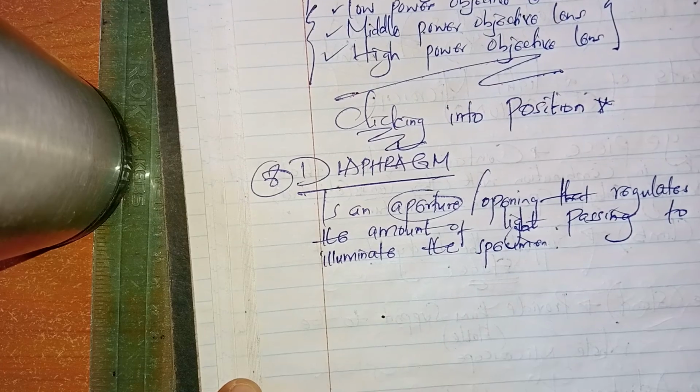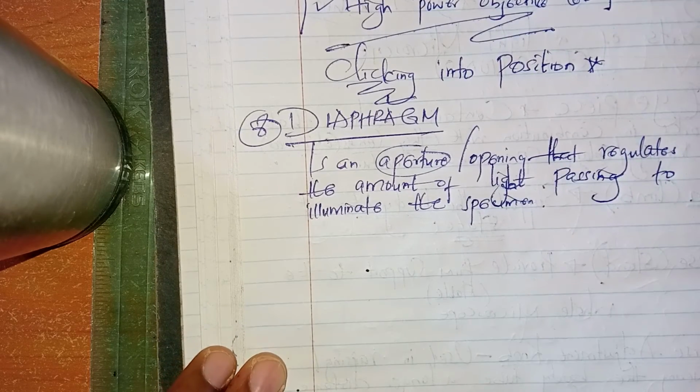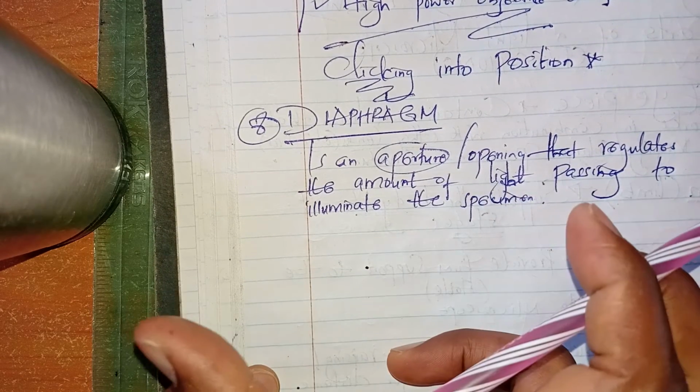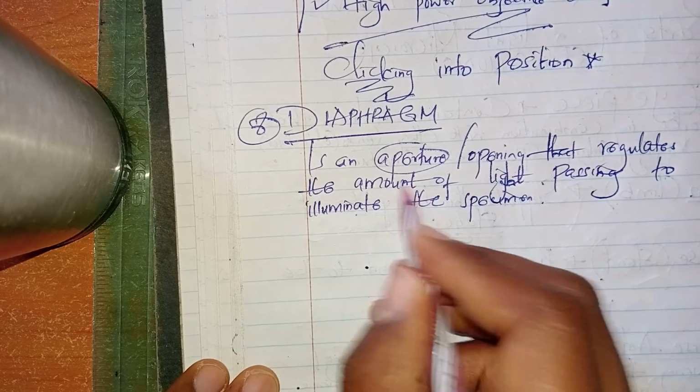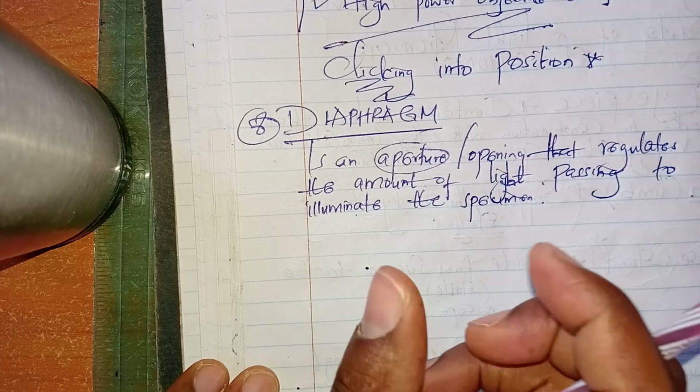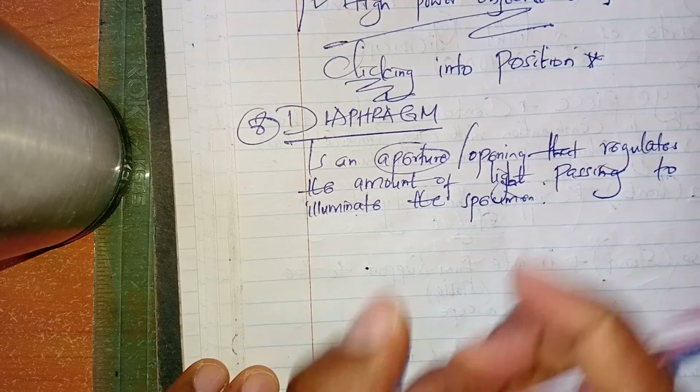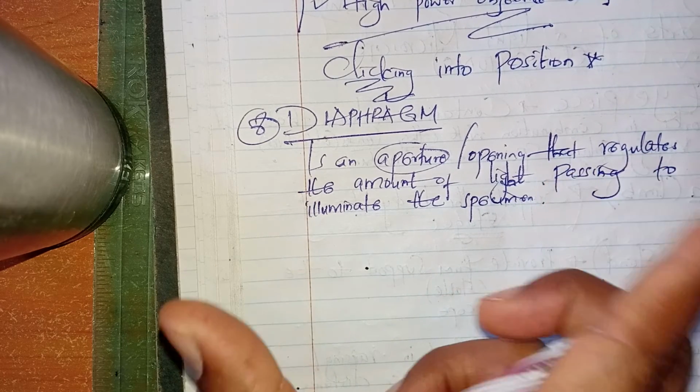So an opening is called an aperture. It can be opened fully, it can be closed a little, just to regulate. If the amount of light is too much, you can reduce that opening. If it is too little, you can enlarge it.